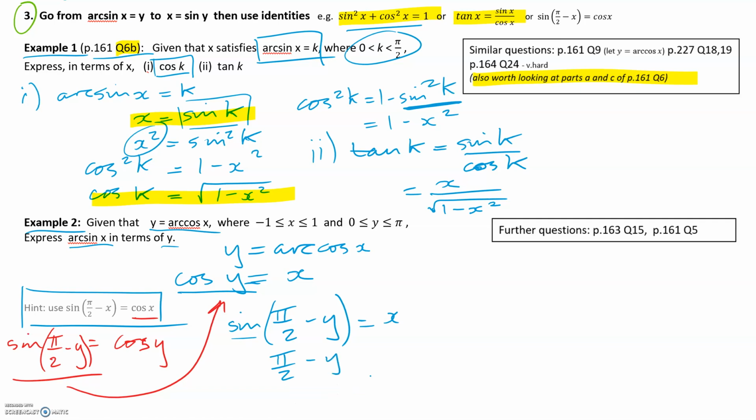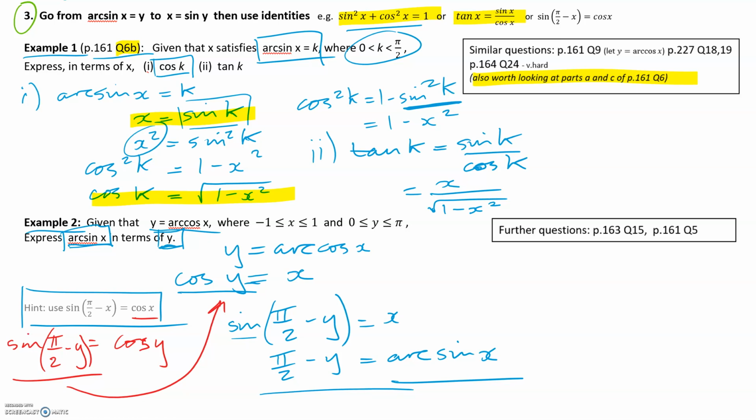Just going to rub this out. We'll have that on the left hand side, but we'll have arc sine x on the right hand side. So by taking arc sine of both sides or inverse sine of both sides, that's the answer. We've now got arc sine x on its own in terms of y. So that's our final answer.